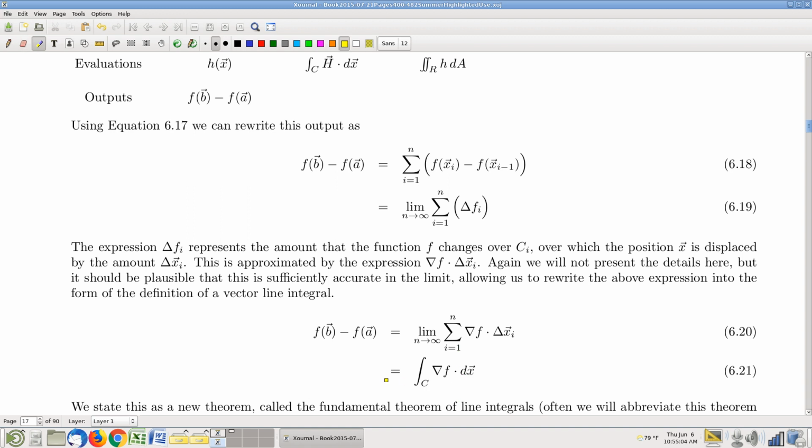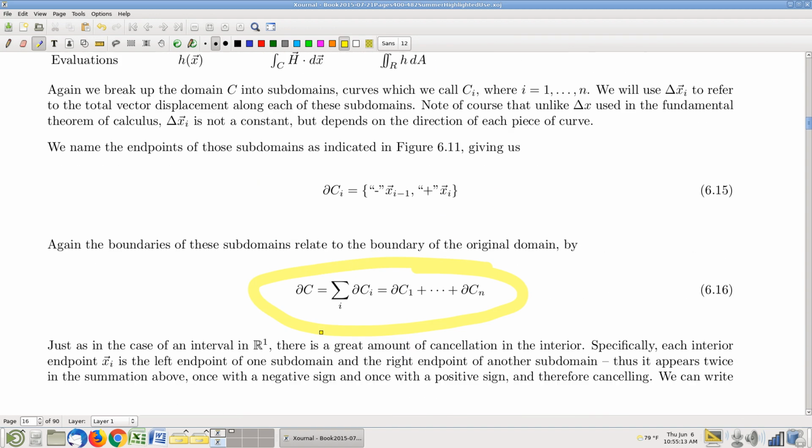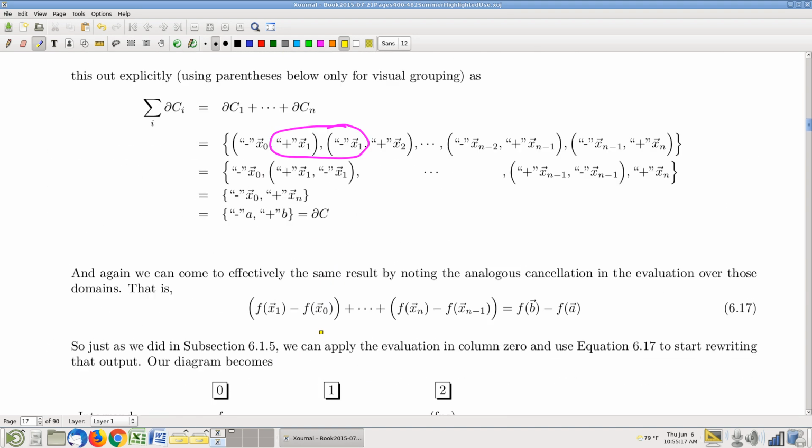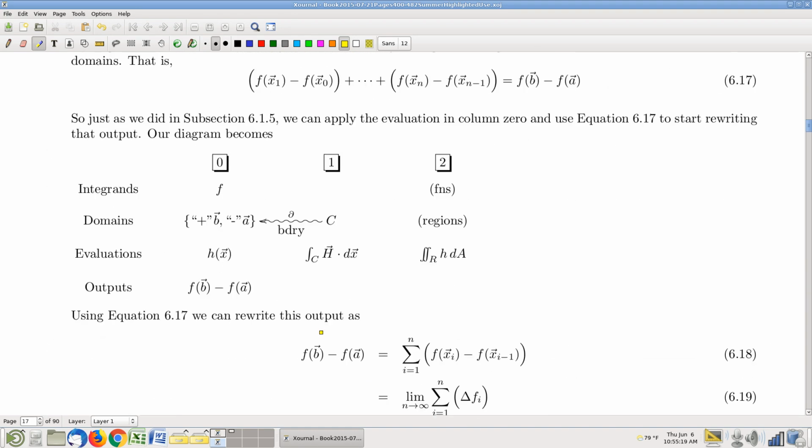So that was my goal. My goal was to figure out how to rewrite f of b minus f of a as a vector line integral of some vector field. Coming back to where we were in our diagram. In fact, here we go. So I took the boundary, evaluated. We're looking at f of b minus f of a. We wanted to figure out how I can write that as a vector line integral. And specifically, what is this vector field?